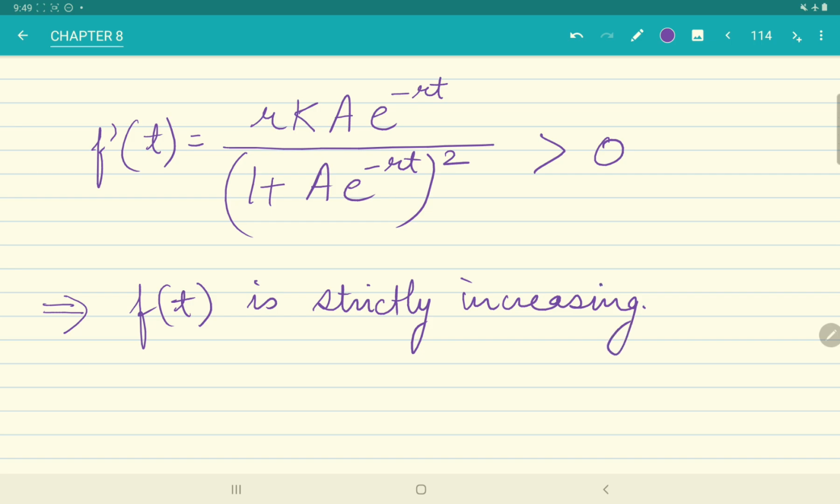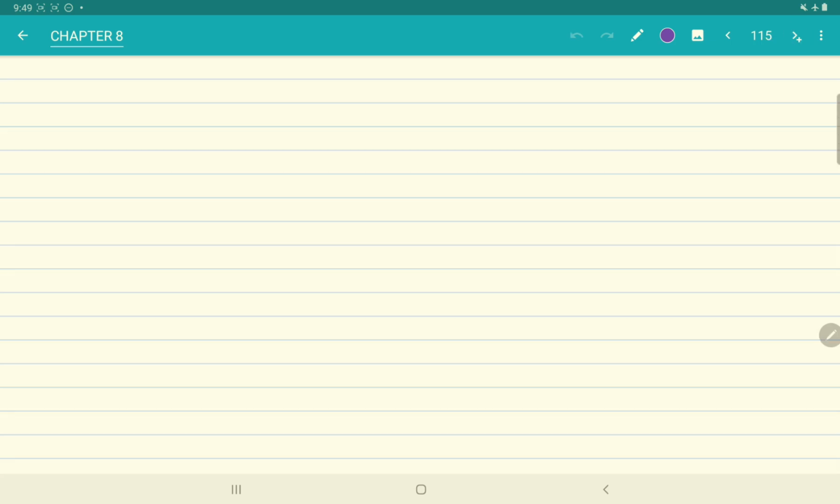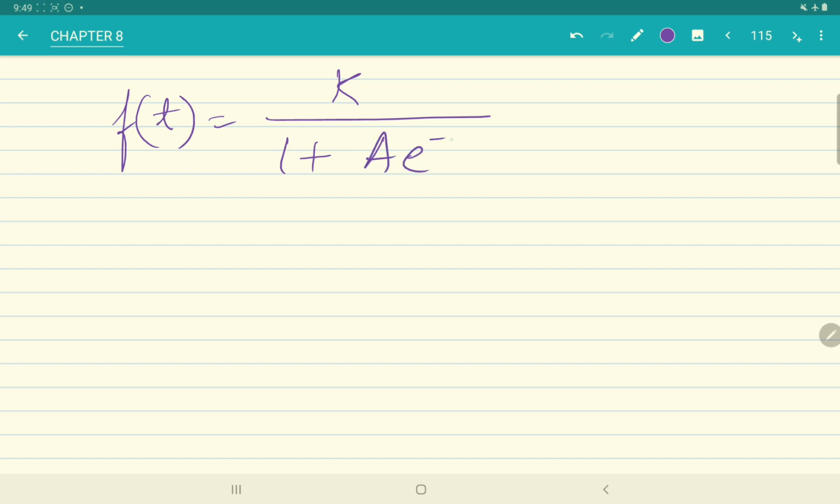And if you just take a look at what f of t is, let me write that again, k upon 1 plus a e raised to the power minus rt. Here you can see that as t tends to infinity, that means you go on and on and on, this expression tends to 0. a e raised to the power minus rt is nothing but a upon e raised to the power rt.